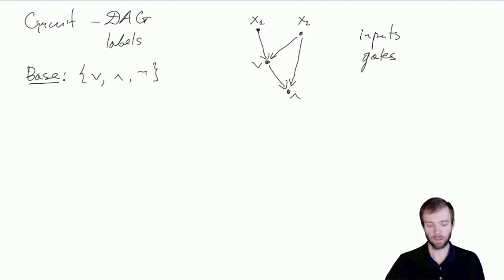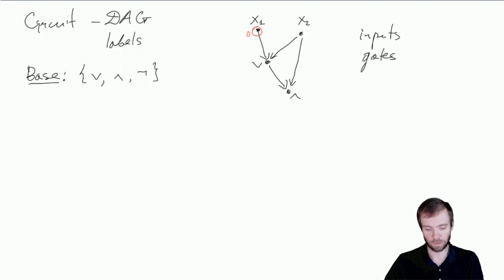And also, besides every node being labeled as one of these two types, some of the nodes might also be labeled as outputs. So actually, any node and any combination of nodes can be labeled as outputs. Even an input node can be labeled as an output node.